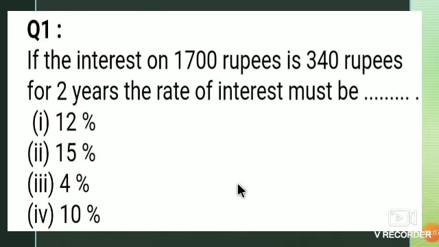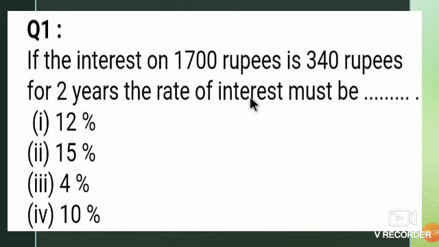Now practice set 41. MCQ type questions are given here. If the interest on 1,700 rupees is 340 rupees. Students, interest is always calculated over the principal. So this is the principal 1,700, 340 is the interest, and time is 2 years.